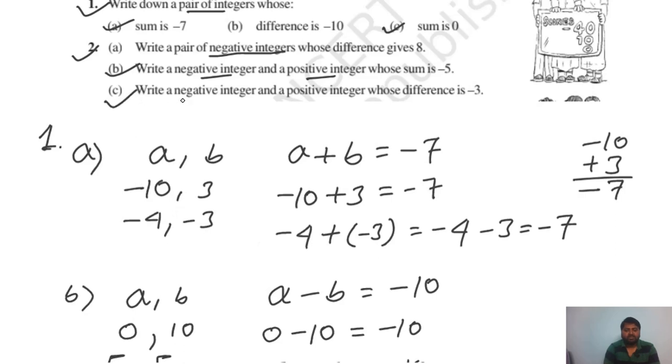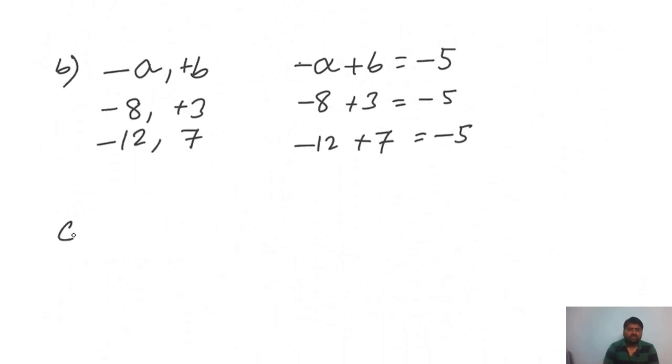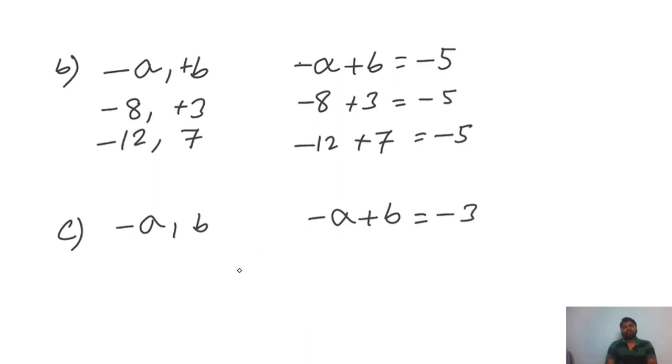Write a negative number, suppose minus a, and a positive number whose difference is minus 3. Same problem, try this. A negative number and a positive number, and minus a plus b equal to minus 3. Here suppose we get minus 8. Then what can the number be?